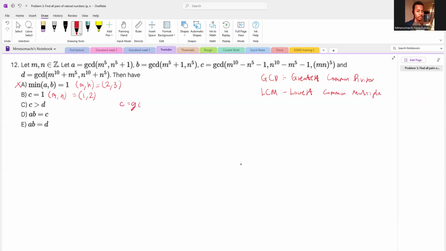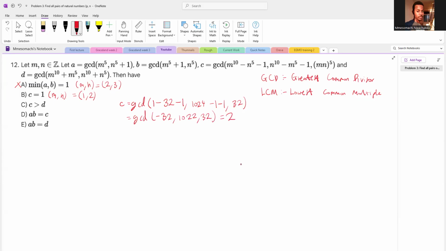C is equal to the GCD of 1 to the power of 10 which is 1, minus 2 to the power of 5 which is 32, minus 1, and then 2 to the power of 10 which is 1024, minus 1 to the power of 5, minus 1, and then we have M times N all to the power of 5, that is 2 to the power of 5, which is 32. So this is the GCD of 1 minus 32 minus 1, that is minus 32, 1024 minus 1 minus 1, 1022, and then 32. So this is equal to 2.